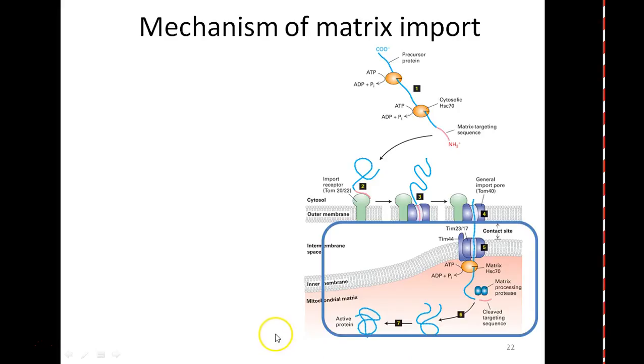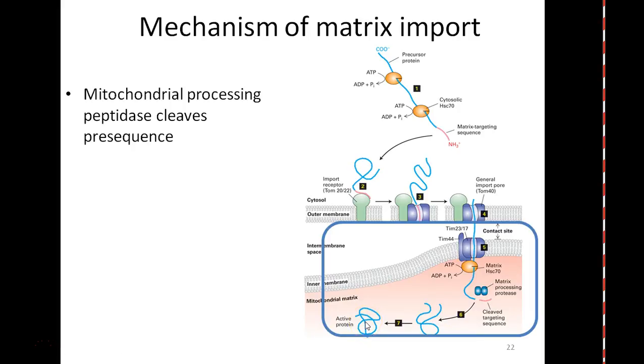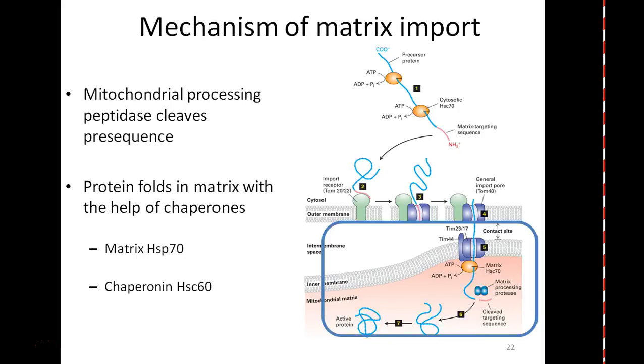And final steps: after this signal is cleaved, the protein that was targeted to the matrix can acquire the native conformation, and even though it's not shown here, there is a separate group of chaperones that help this protein assume its native conformation.